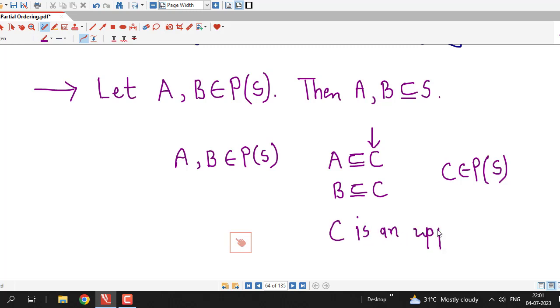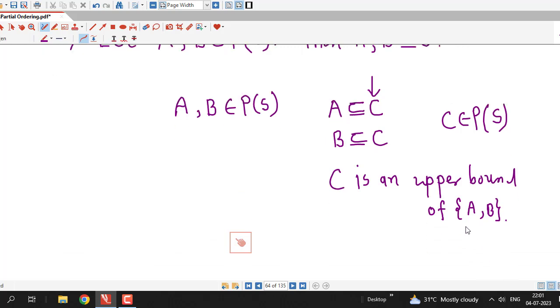If C contains A and B both, then C is an upper bound of this subset having two elements A and B. Now we have to check whether this subset has a least upper bound or not. Suppose there is more than one upper bound for this subset, then we have to check whether the set of all those upper bounds has a least upper bound or not.